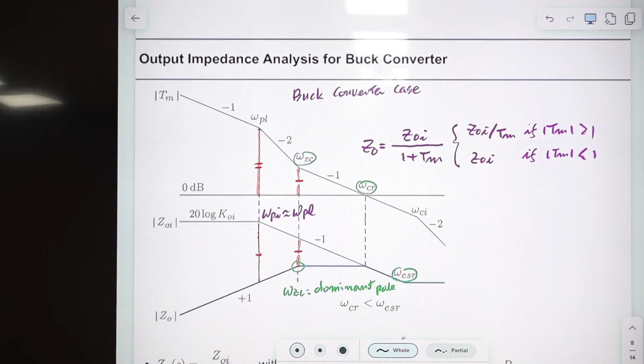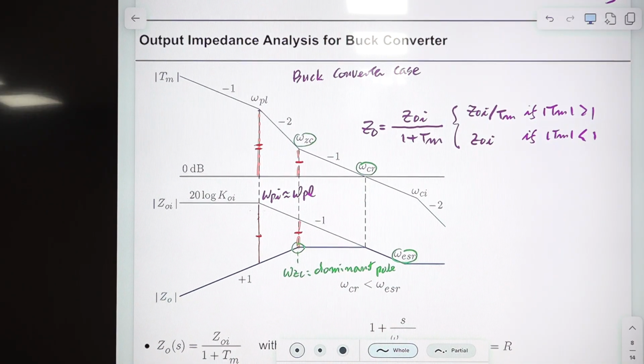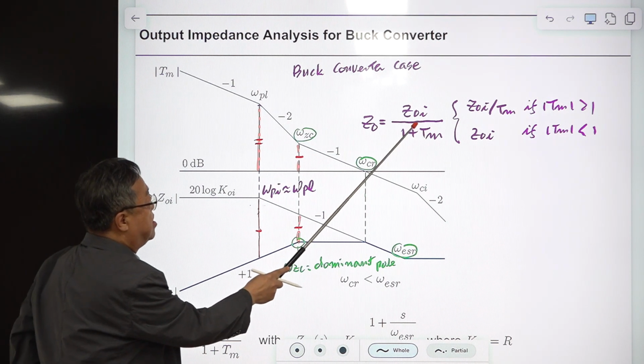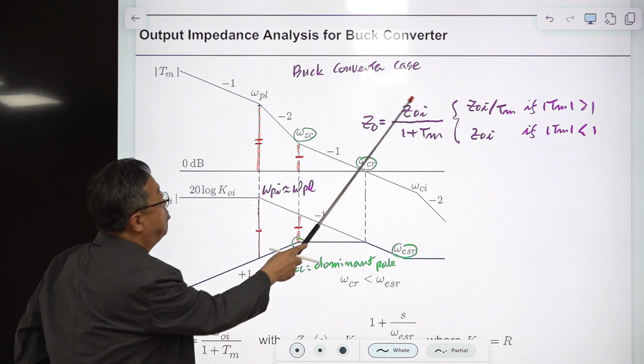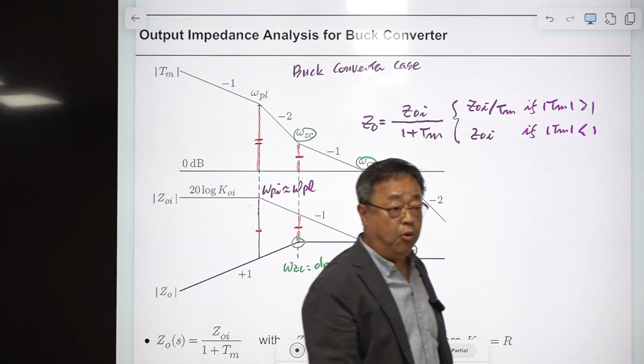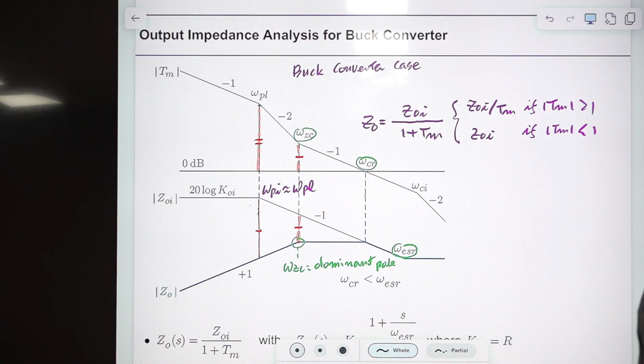Here we have the asymptotic construction of the output impedance of the buck converter. So this is the buck converter case. We know this output impedance is expressed like this. This is the output impedance of a converter with only the current loop closed and the voltage loop broken.